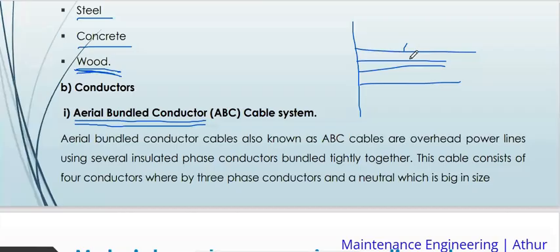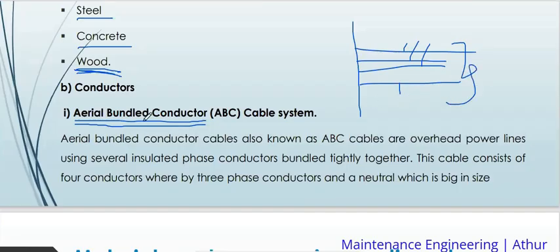This is always a yellow. This is always a blue, or we can call them live, or we can call them hot wires. And then this is always the earth wire. So I told you they are always running in a horizontal way like this. So this is at a secondary distribution after the transformer. These are called bare conductors.